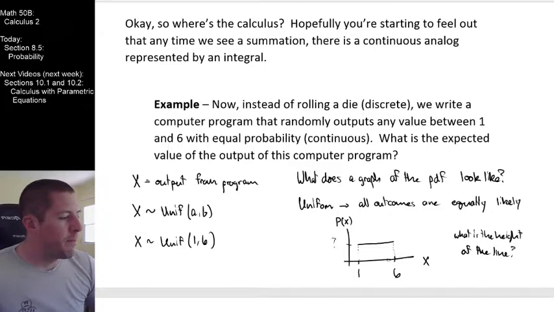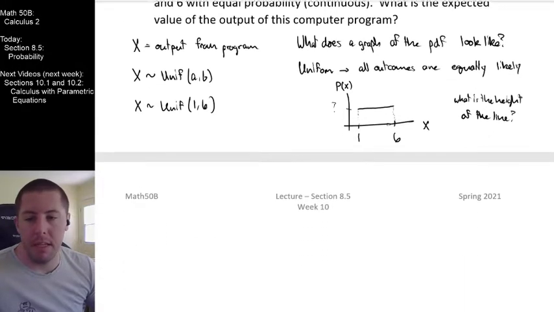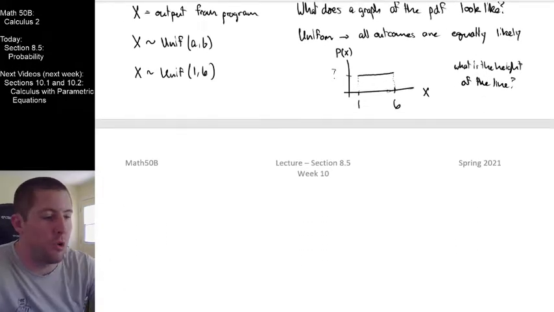Well, what I'm remembering here is that the total probability that we're accounting for needs to be equal to 1.